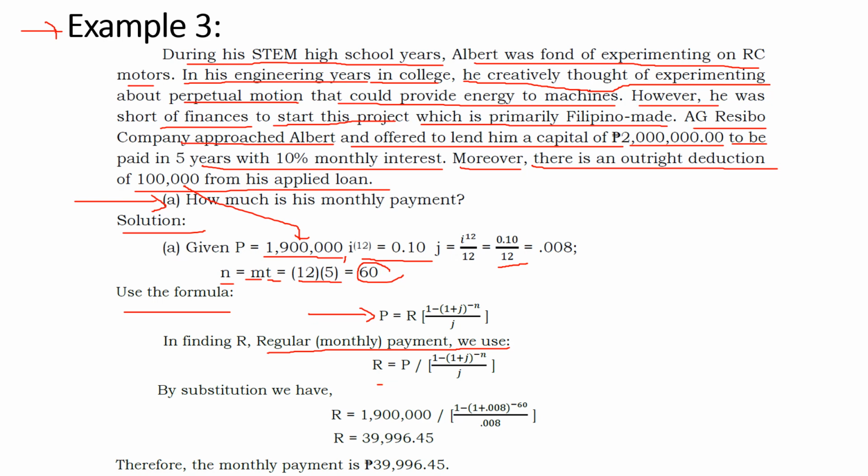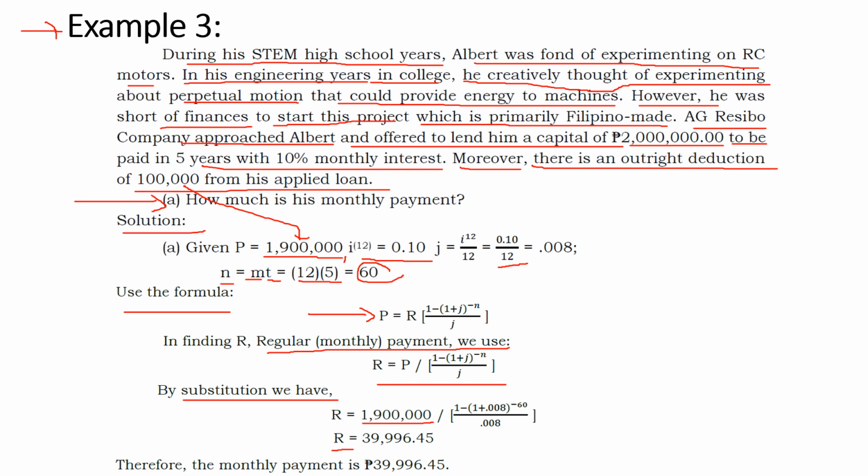So it becomes R is equal to P all over (1 minus (1 plus j) raised to negative n) over j. Now, by substitution, we have R, which is 1.9 million divided by (1 minus (1 plus 0.008) raised to negative 60) over 0.008.